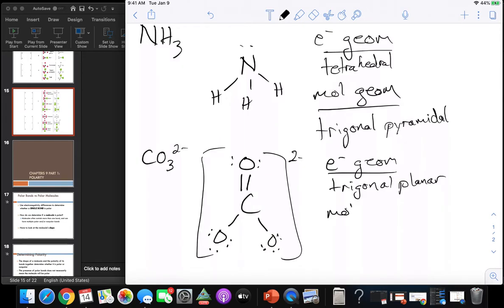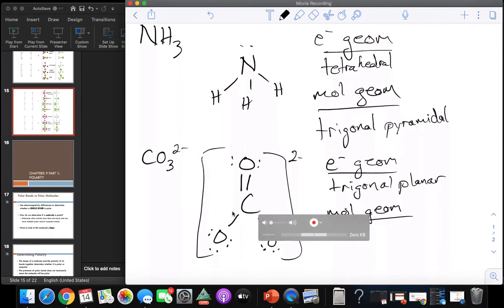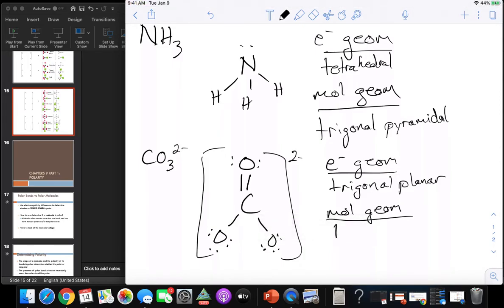Additionally, if we look at our central atom, there are no lone pairs. No lone pairs on the central atom means our molecular geometry is going to be the same, also trigonal planar. I think the next example we had from last time was BF3.